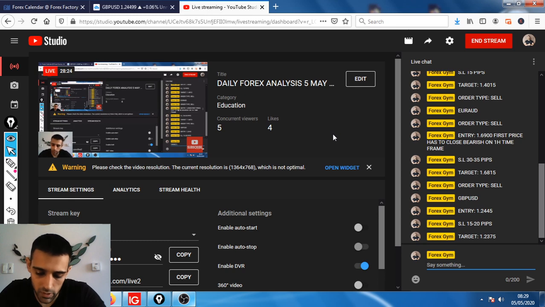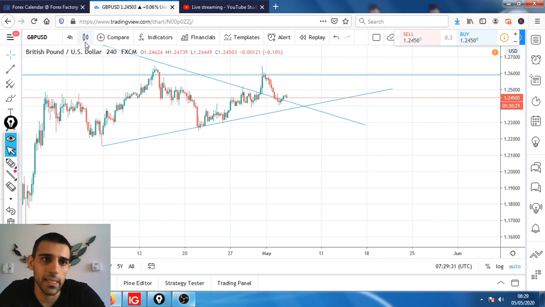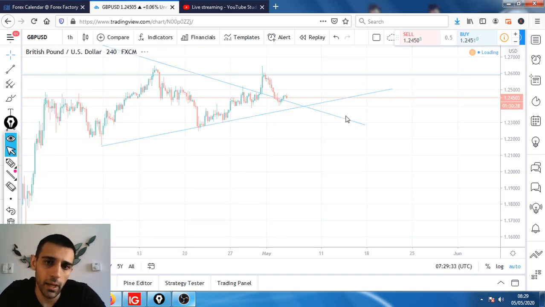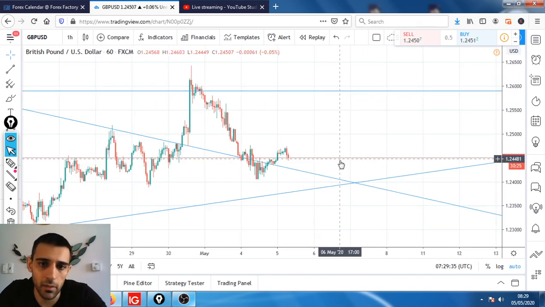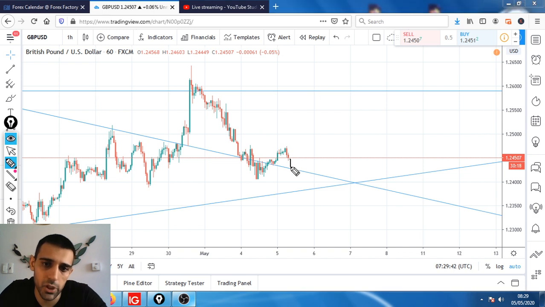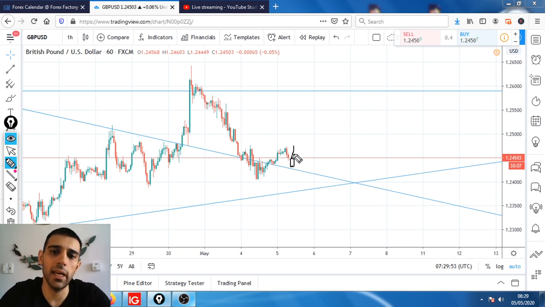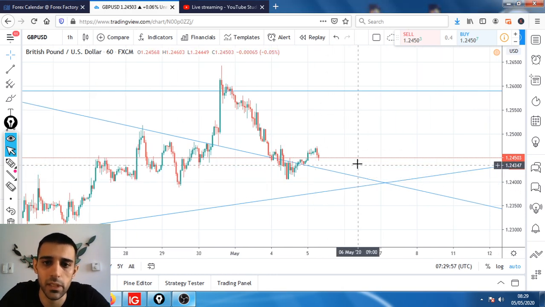But first, I do want to point out that the price needs to come down to around 124.30, and we want to see a nice bearish candle closing without much of a tail. If it's a small tail, it's fine, but I don't want to see any long tails in the candle, otherwise I will not be interested.